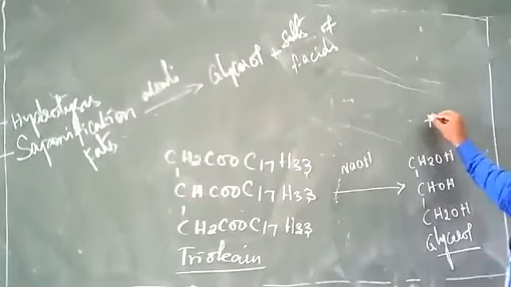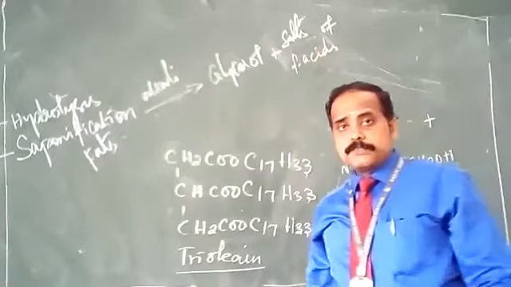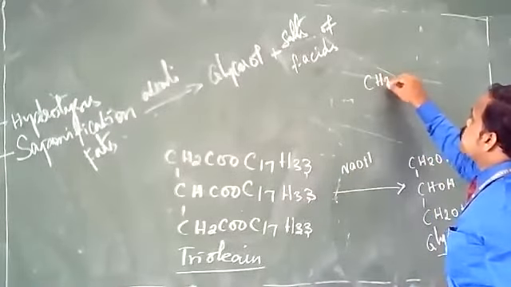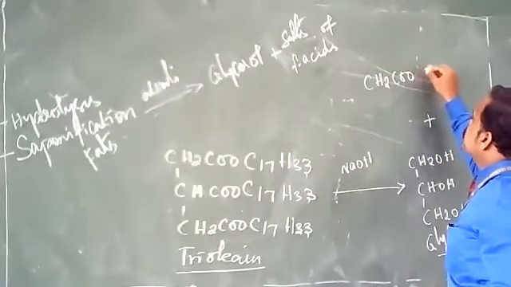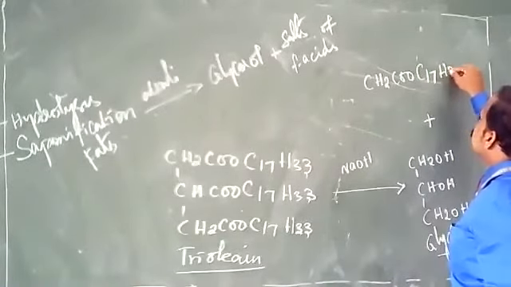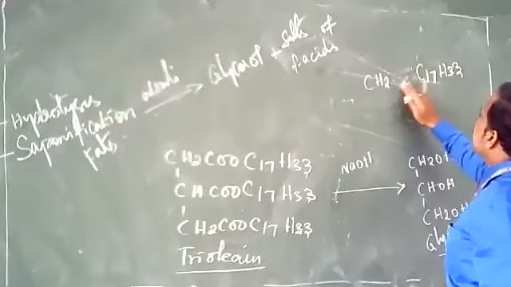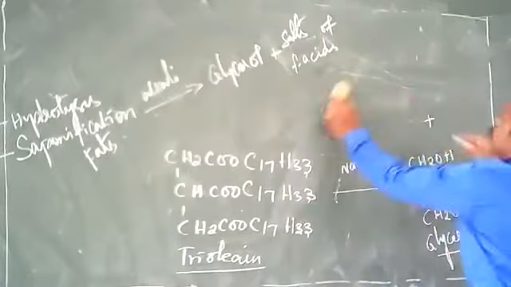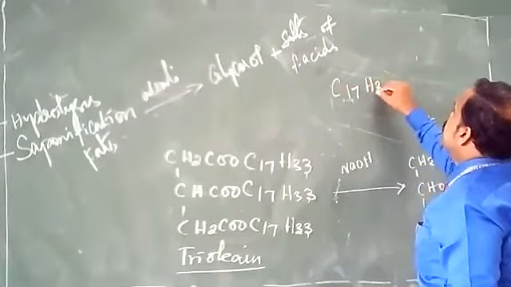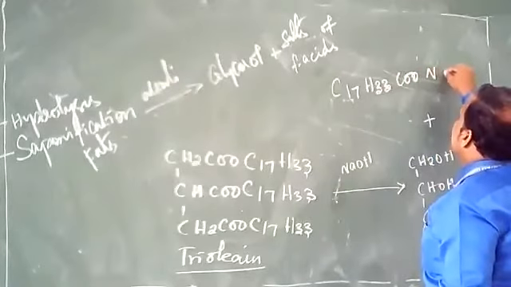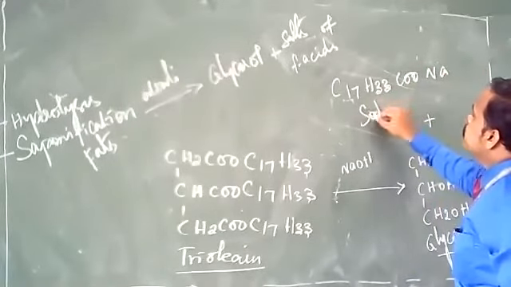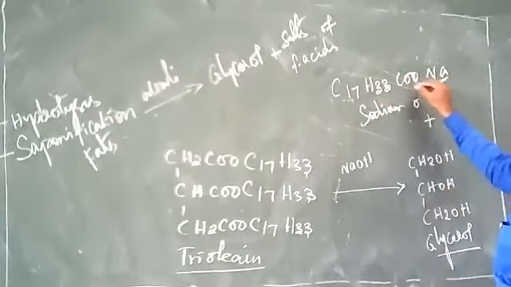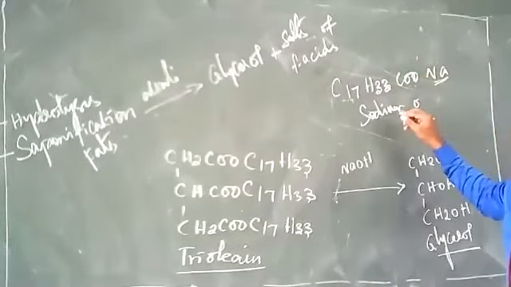Apart from glycerol, it yields the salts of fatty acid. The salt of fatty acid here is C17H33COONa, the sodium salt of oleic acid, C17H33COOH.